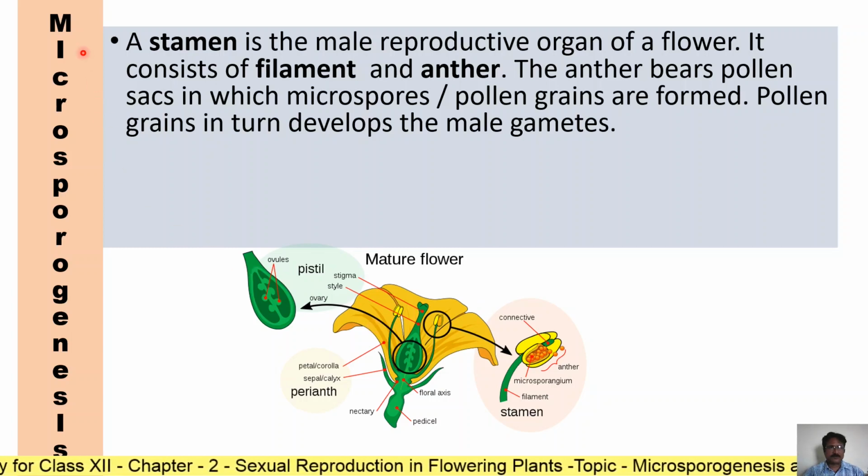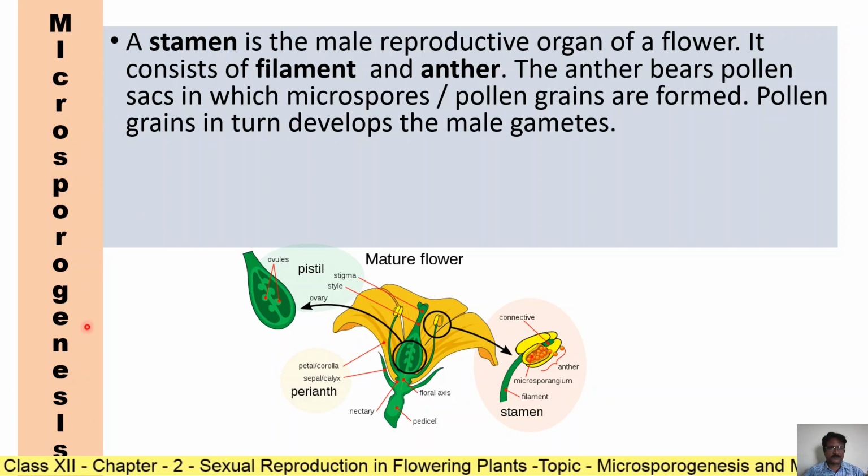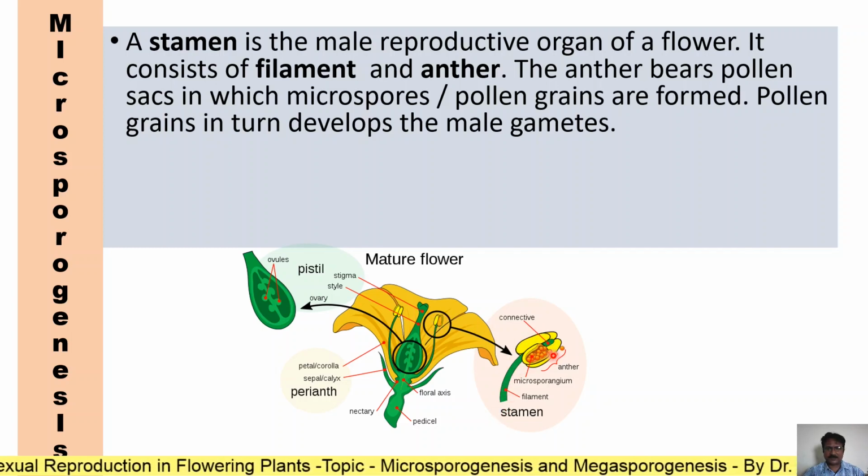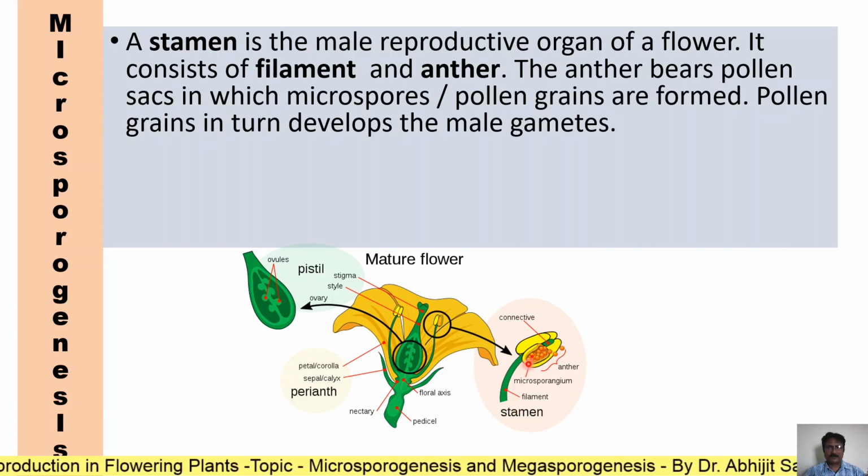Now, since we'll be dealing with microsporogenesis first, let us see the structure of the stamen, which is the male part. If we enlarge this, such a structure can be seen. This stamen is the male reproductive organ of the flower.